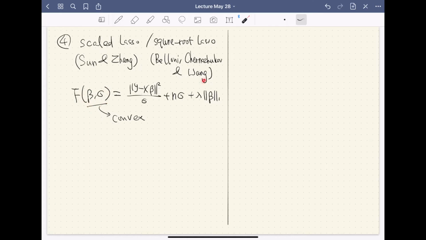So if you optimize over this function, you are going to achieve the global minimum. And in fact, you can iteratively optimize over beta and sigma.